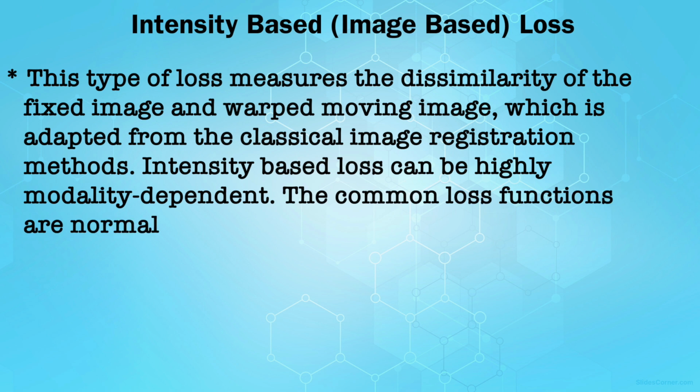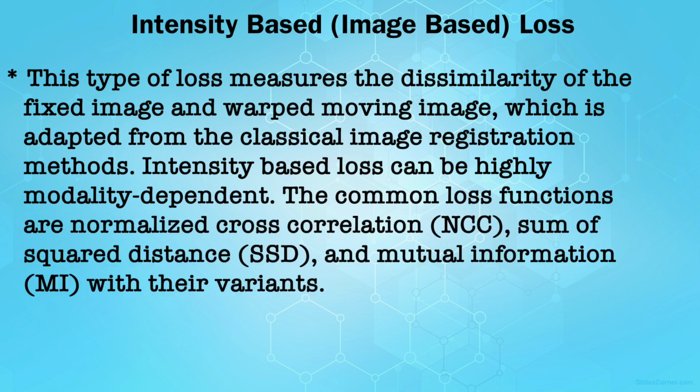Now, intensity based, that is image based, loss. This type of loss measures the dissimilarity of the fixed image and the warped moving image, and is adapted from classical image registration methods. Intensity based loss can be highly modality dependent.